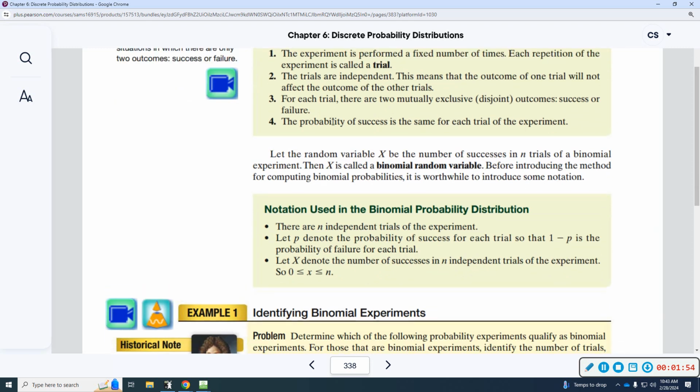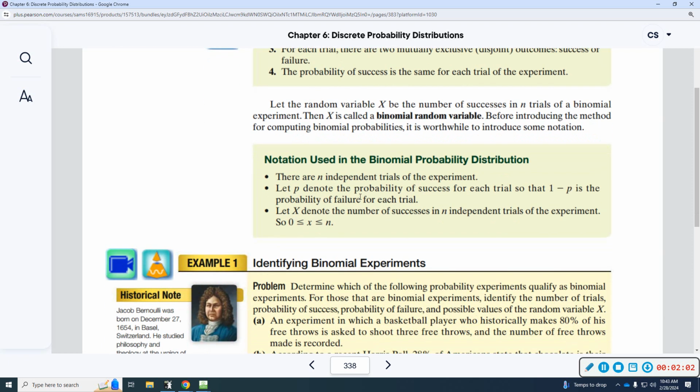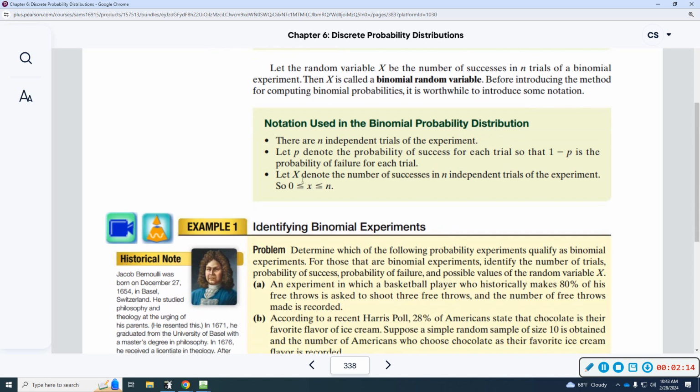All right, so if you have all of these properties, then we have a binomial random variable. And then here are some of the notations that you will see when we're doing binomial. So N is the number of trials that we're doing the experiment, so the number of times we're repeating it.